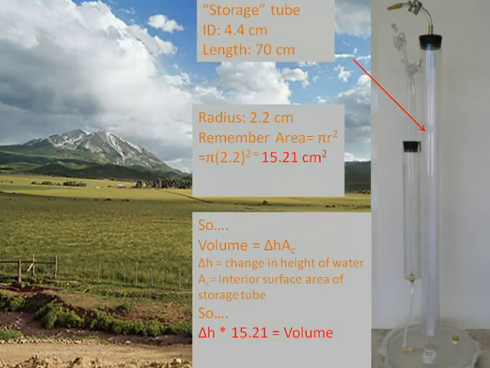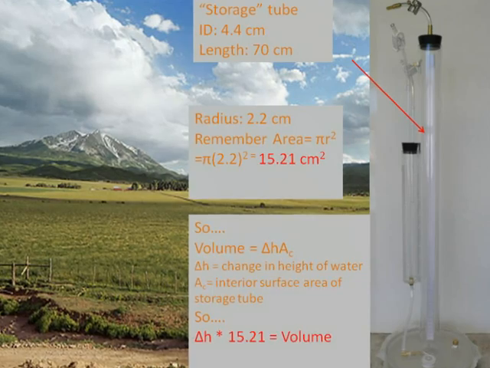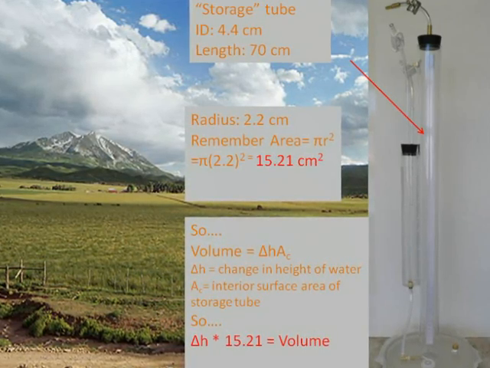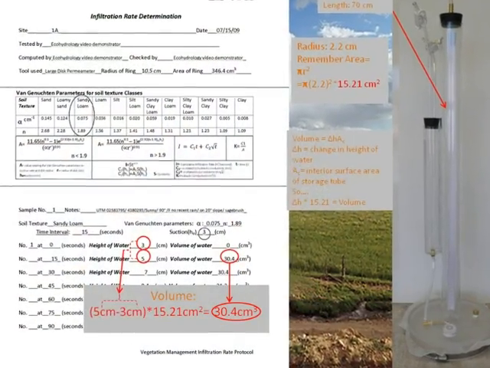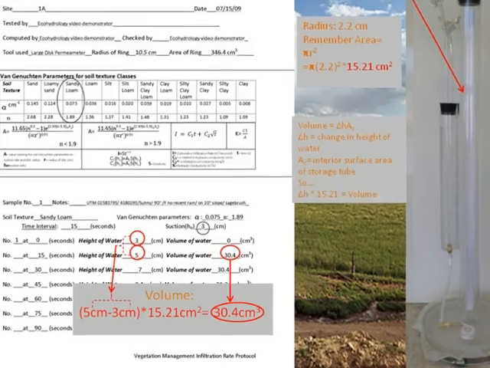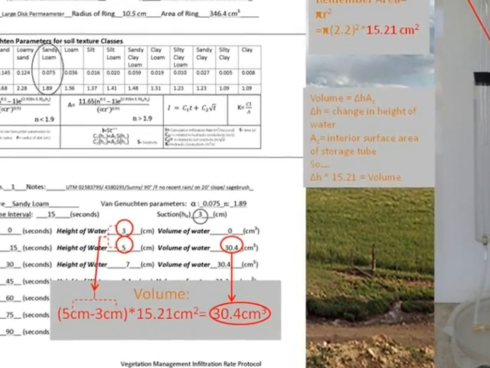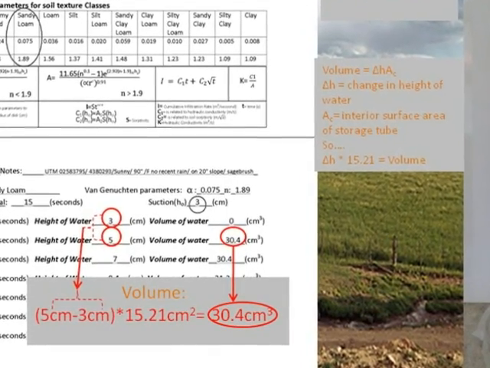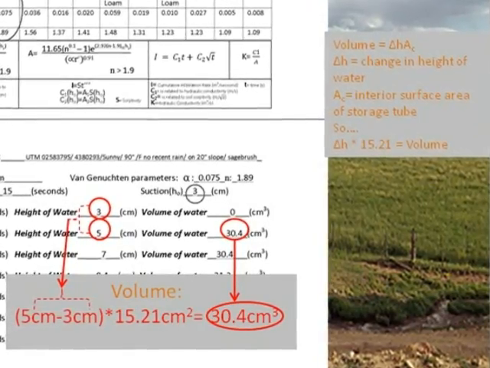So, the delta H, or the change in the height of water on the tube, is multiplied by 15.21 for the volumetric measurement. This would simply be the previous row's height of water subtracted from the current row's height of water, multiplied by the interior surface area of the storage tube, or 15.21.